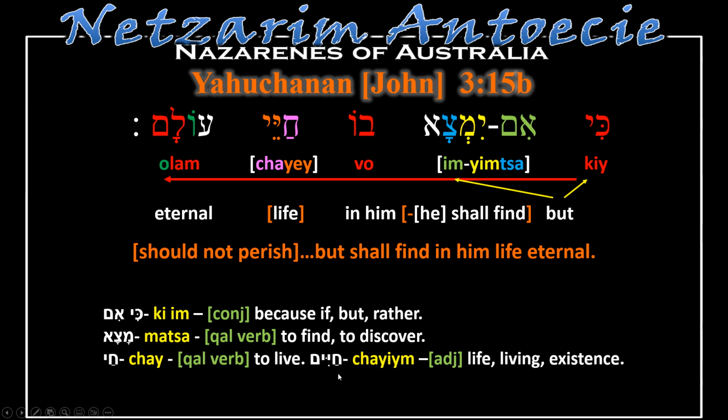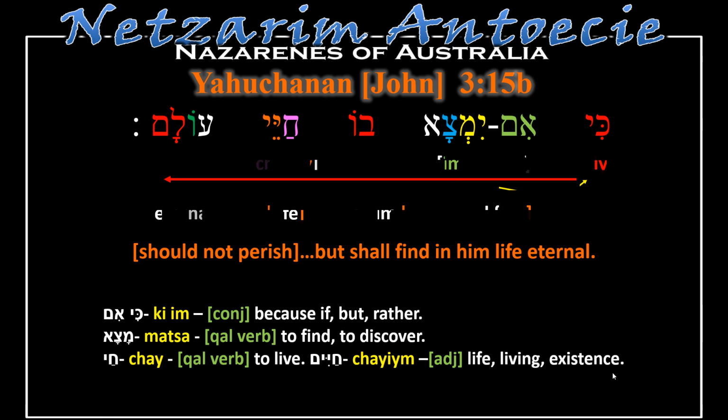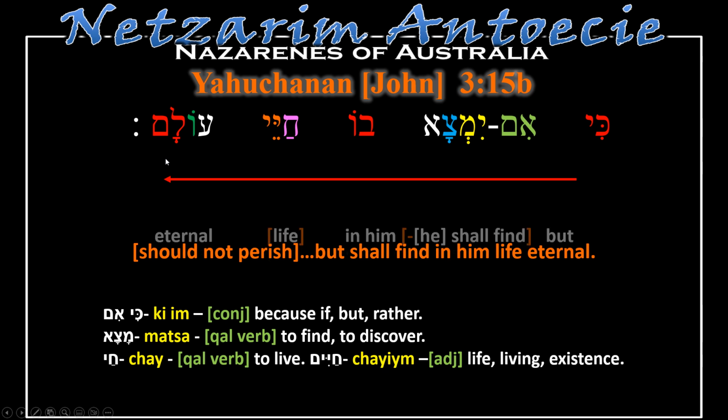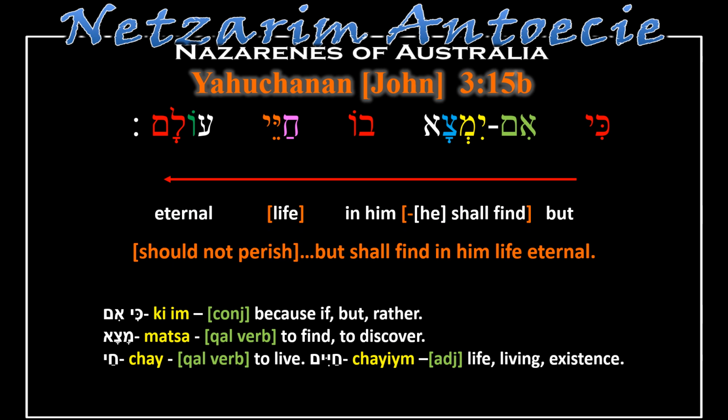And then we also see it as chayim. And chayim is an adjective meaning life, living, existence. And so now we can read that. Ki im yimtza vo chaye olam. But he shall find in him life eternal.